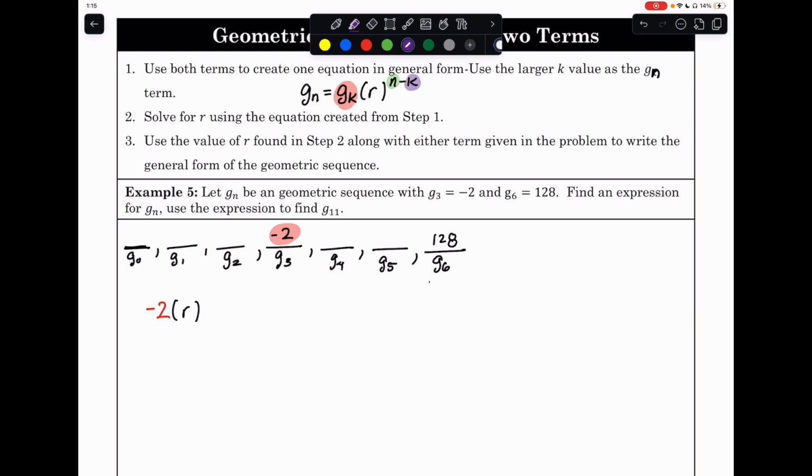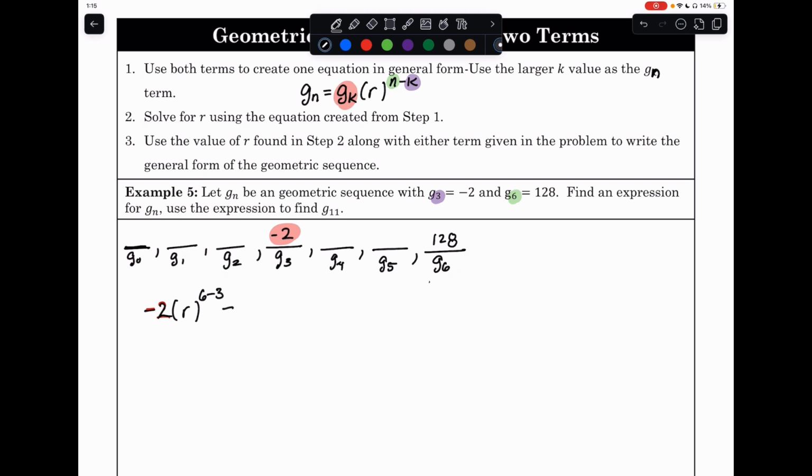The n value is going to be the larger of these numbers, so the 7th term and the 4th term. Oops, I color coordinated them wrong. This one should be n, and this one is going to be k. It should always be that the larger number gets subtracted by the smaller number. So it's going to be 6 minus 3 up there.